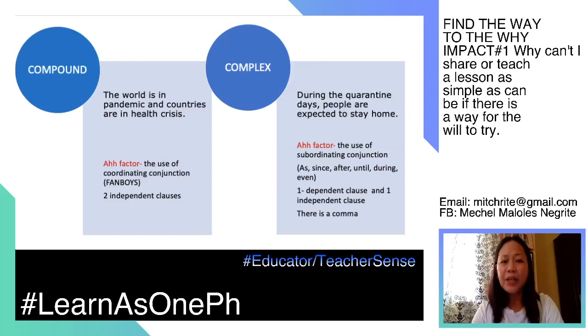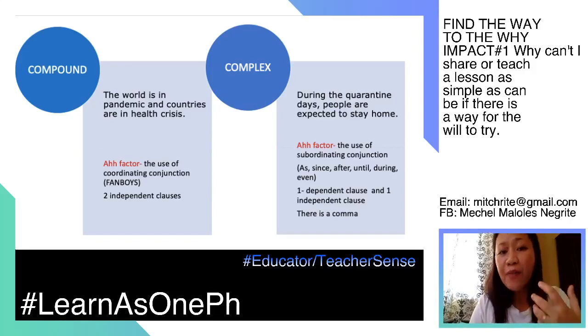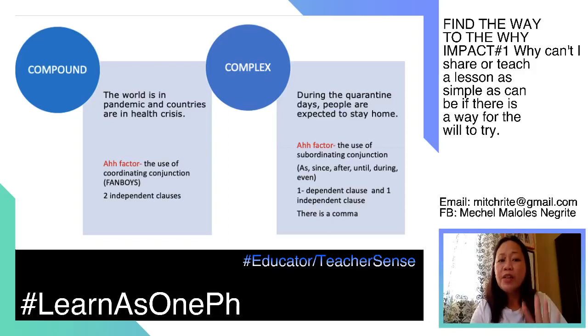And then, another one there is people are expected to stay home. So, yun naman yung ating independent clause. Then, another thing that we can discover, which is another factor, kaya pala siya complex sentence. Kung mapapansin mo, doon sa sentence na during the quarantine days, comma, people are expected to stay home. So, gumamit naman tayo ngayon ng comma. So, again, that's the differences between the compound and complex sentence.